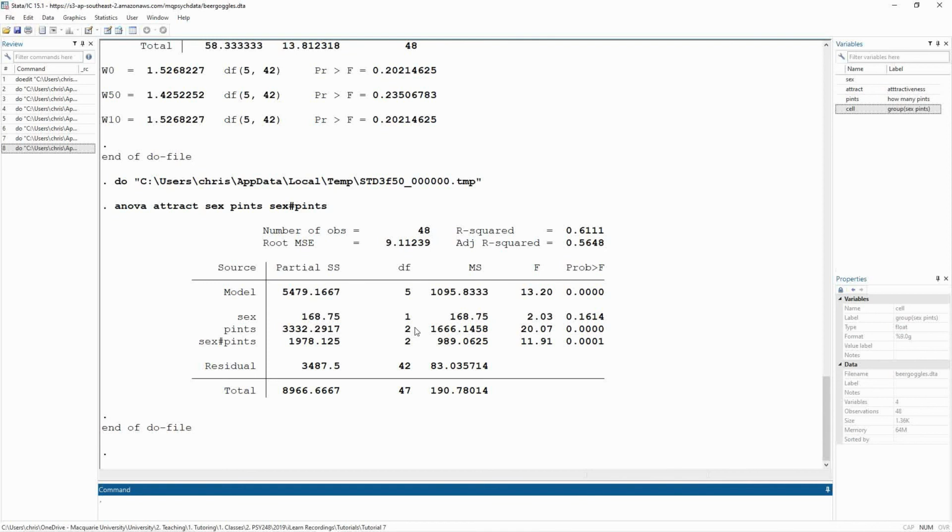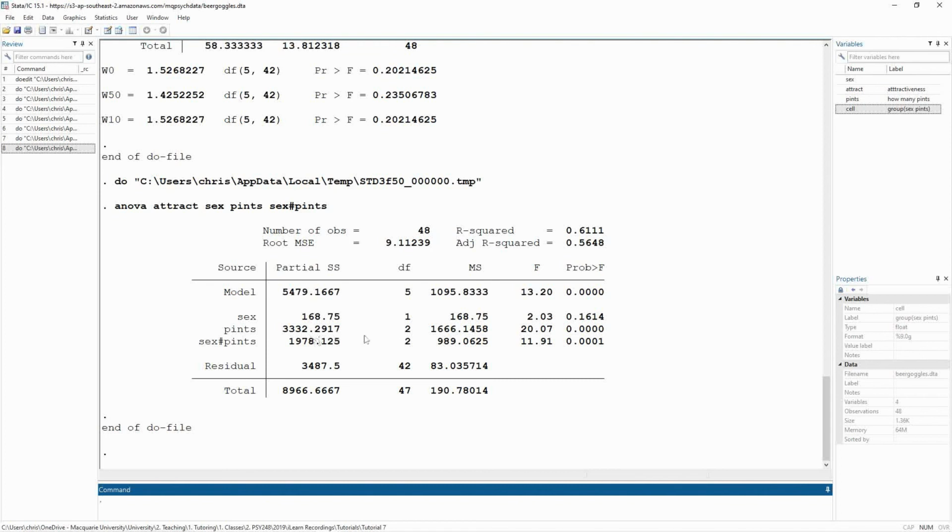If my sex variable had a third group, say transgender or non-binary or some other third category, I could actually then have a degree of freedom of 2 for gender, and then my interaction's degrees of freedom would be 4, because 2 times 2 is 4.